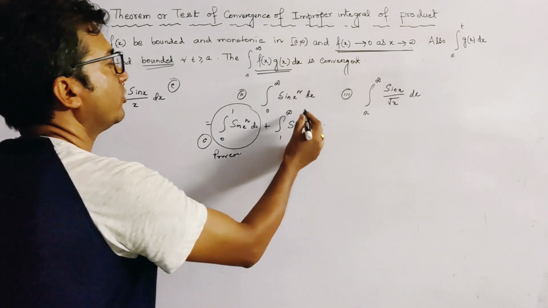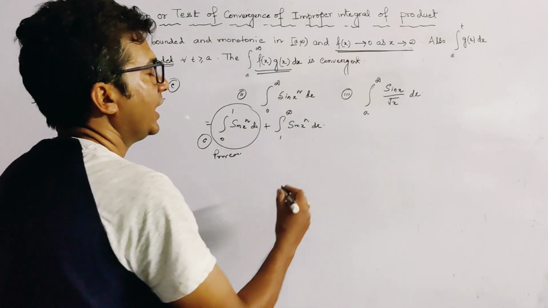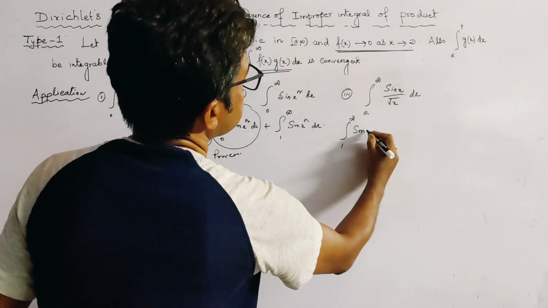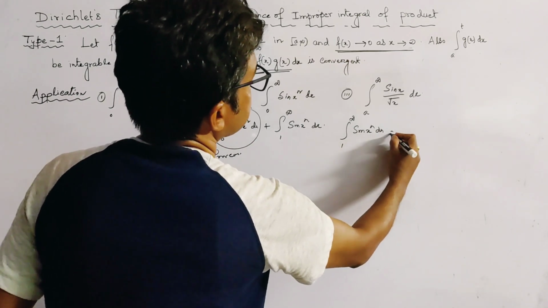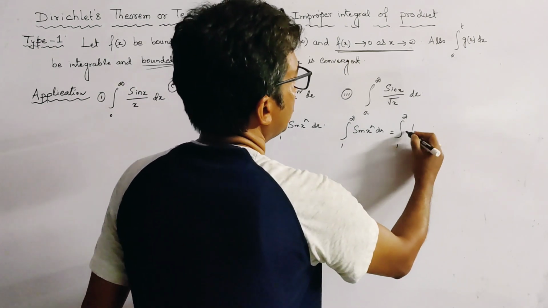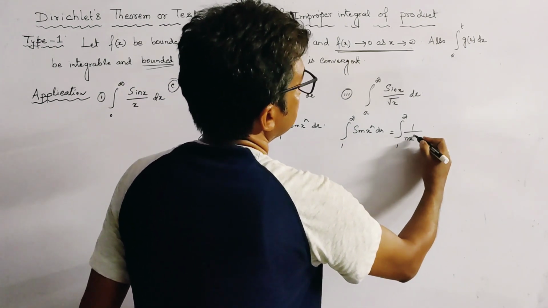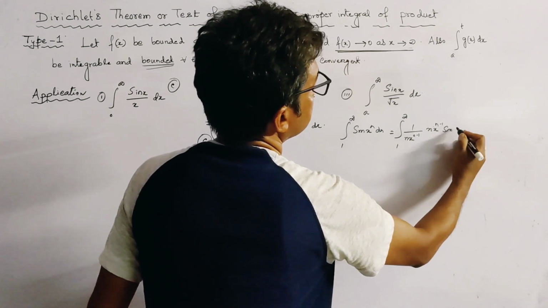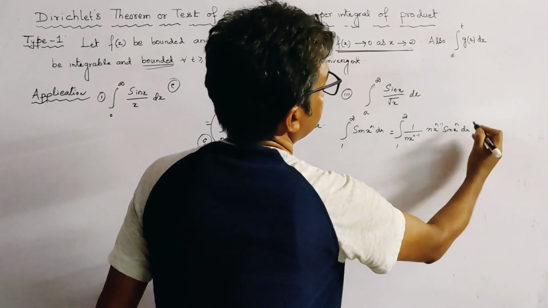Now we test for this integration, and we write this integration 1 to infinity sin x to the power n dx as 1 to infinity, this is 1 by n into x to the power n minus 1 into n x to the power n minus 1 sin x to the power n dx.